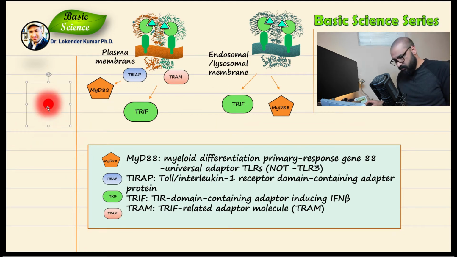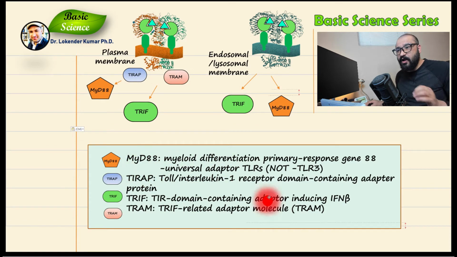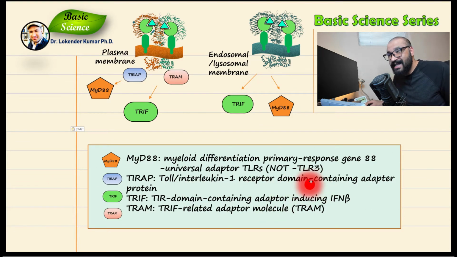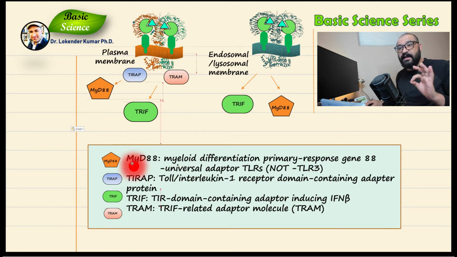Myeloid differentiation primary response gene 88 is the name of this particular protein. It's a universal adapter protein for most of the toll-like receptors except TLR3.